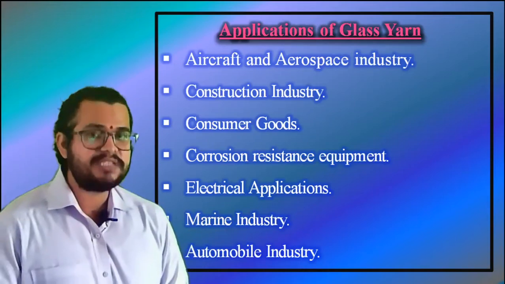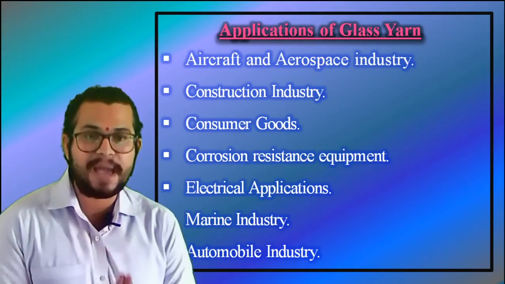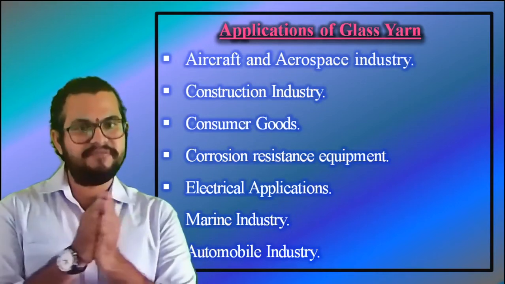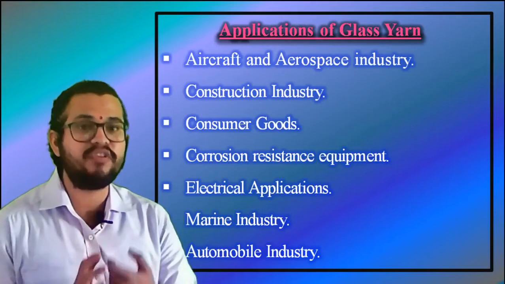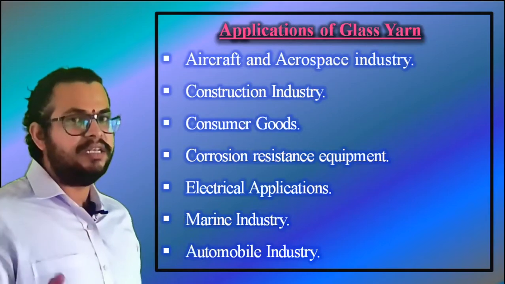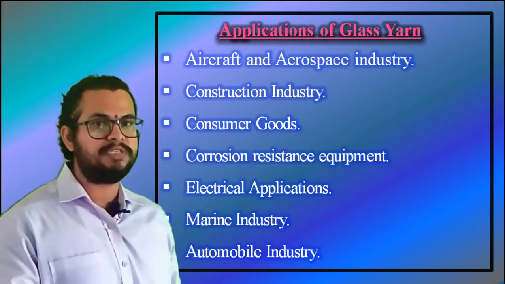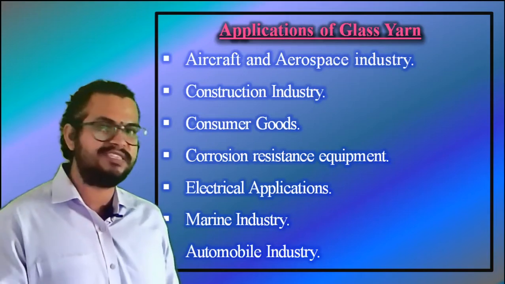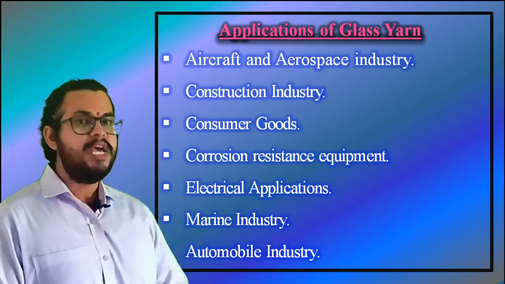Moreover, S-glass also has a higher laminate strength to weight ratio, high fatigue life, and high strength retention at higher temperatures. It is often used to make helicopter armor, flight deck armor, and floors and seats of aircraft.